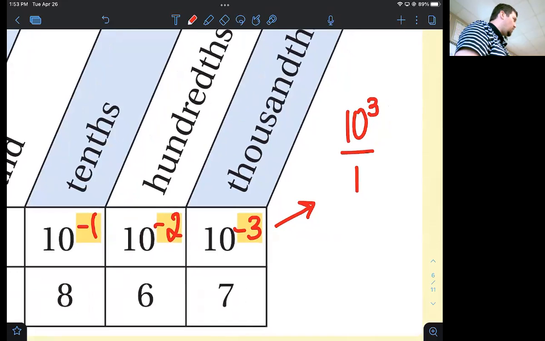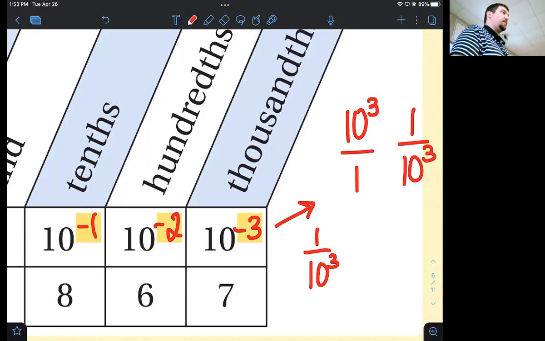Say it again. Okay, yeah, sure. You mean like 1 with a 3 being on bottom now? Yes. That's essentially what a negative exponent does. It's going to reciprocate it. So 10 to the negative third is 1 over 10 to the positive third, which is, in this case, 1/1000th. Okay.